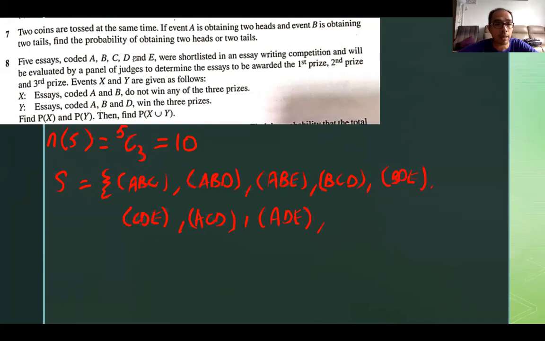Is there a combination that I'm missing? ABC, ABD, ABE, ACD, ADE. Oh, ACE also, right? ACE. BCD, BDE, CDE. I'm missing one more. There should be 10 altogether. BED and BDE is the same.